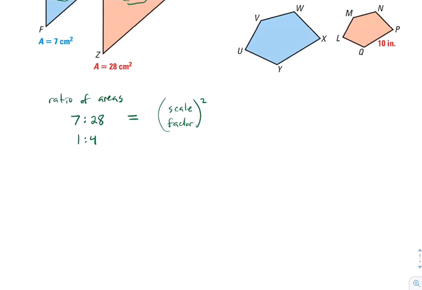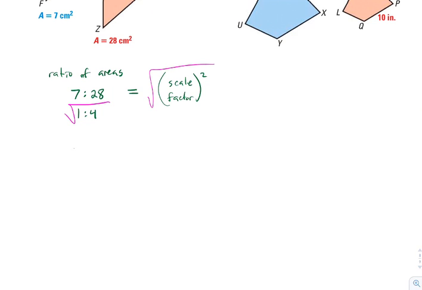So if 1/4 is equal to the scale factor squared, then to find the scale factor, I want to take the square root of this. So we get that the scale factor must be square root of 1 is 1, square root of 4 is 2. So that must be the scale factor of the side lengths.